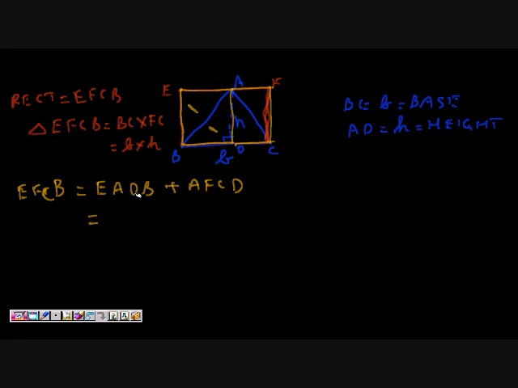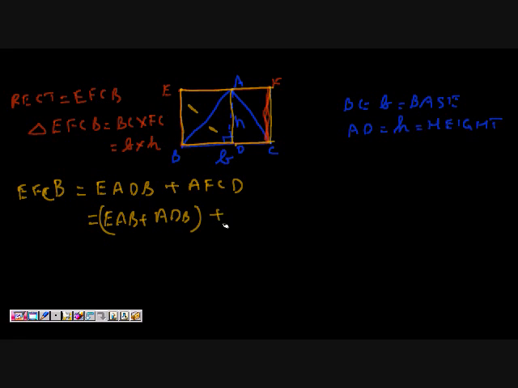We know that when a diagonal divides the rectangle into two parts, the two parts should be equal. So that means that we can write EADB as triangle EAB plus triangle ADB. Okay, that's one part.